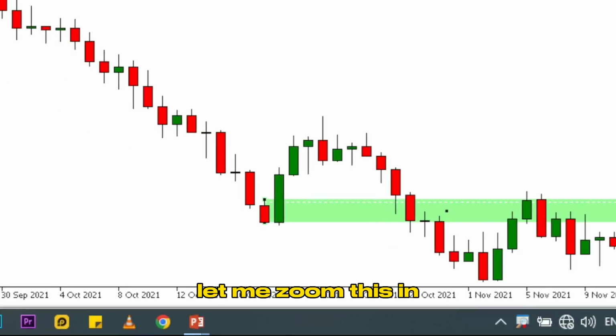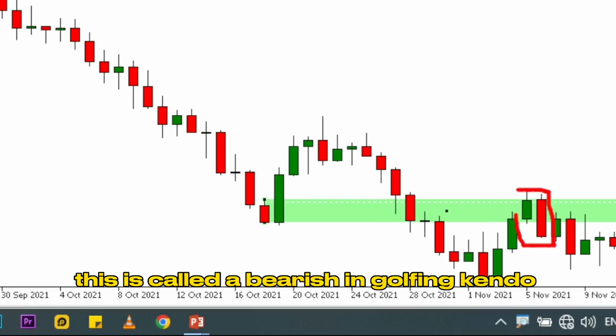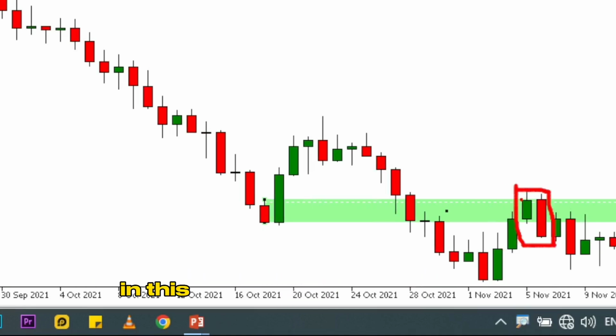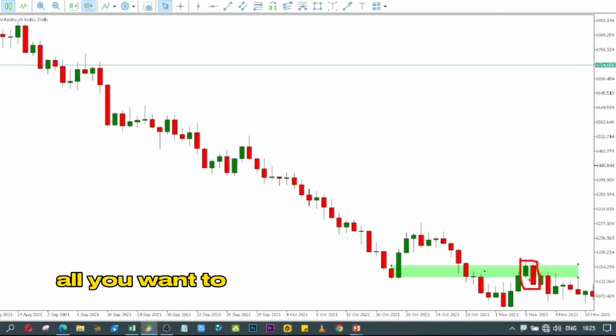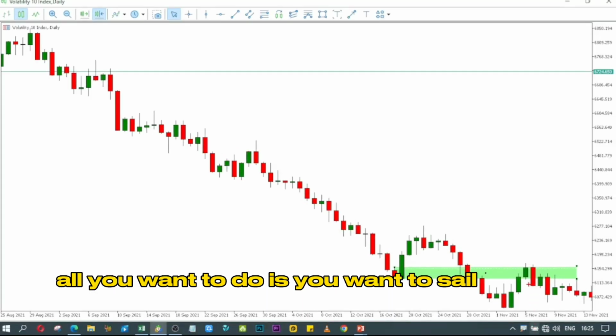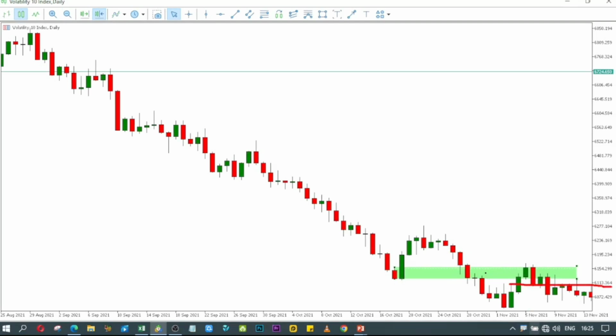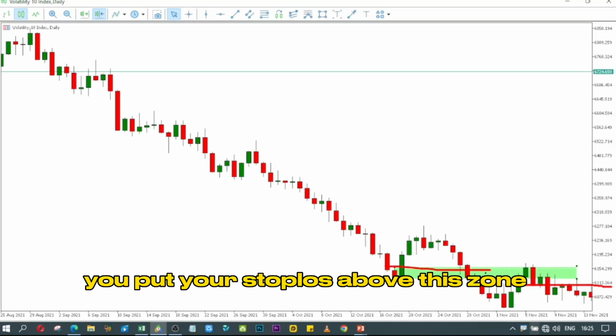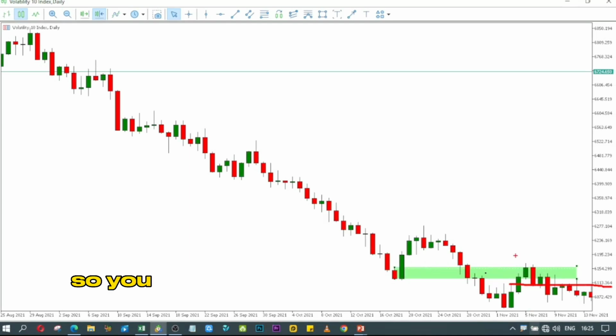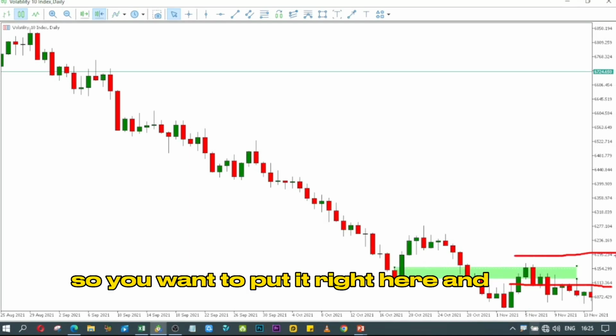Let me zoom this in. You can see right here, this is called a bearish engulfing candle, right? So in this bearish engulfing candle, all you want to do is sell at this point. Once you sell here, you put your stop loss above this zone, right? So you want to put it right here, and you take profits.